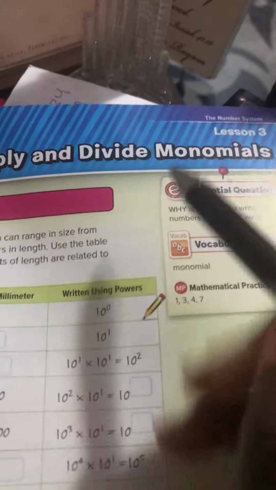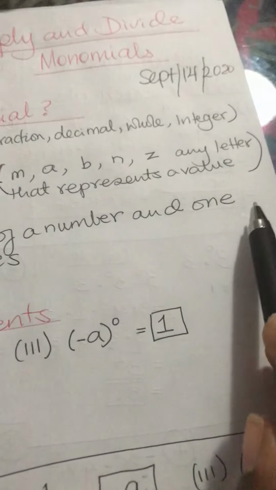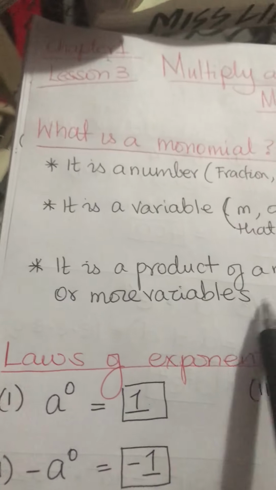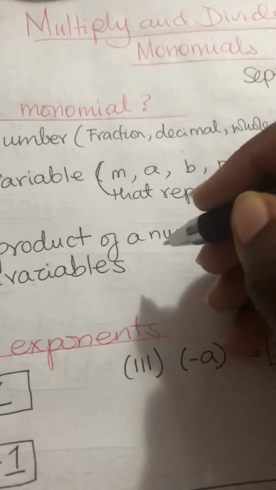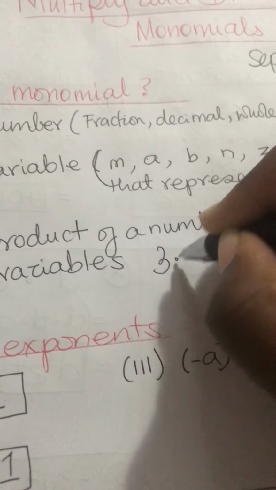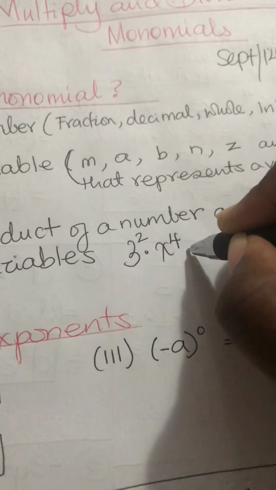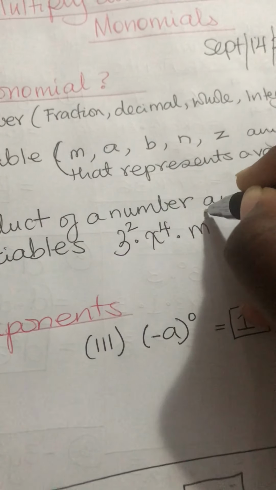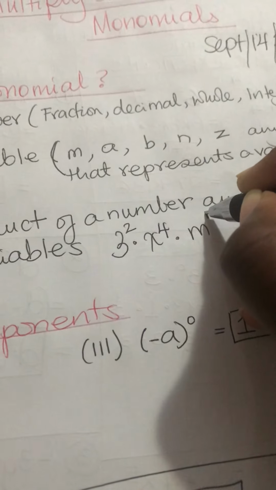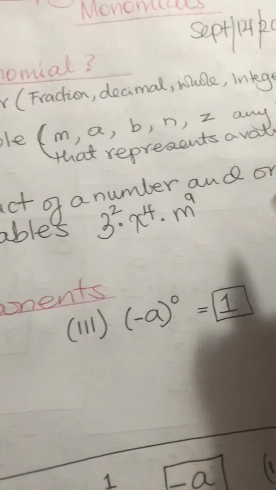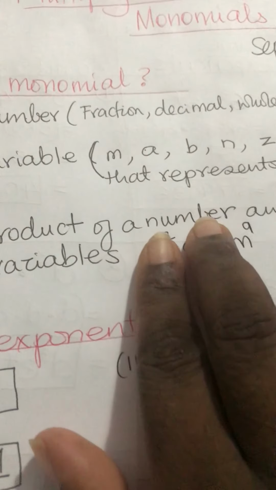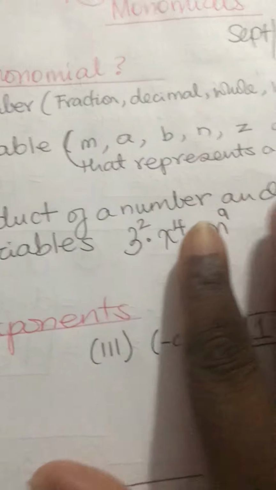That's what a variable is. It is a product of a number and one or more variables. So you can write 3x to the 4th power or 3 squared x to the 4th power m to the 9th power like this. So you can either use one variable or you can use two variables.